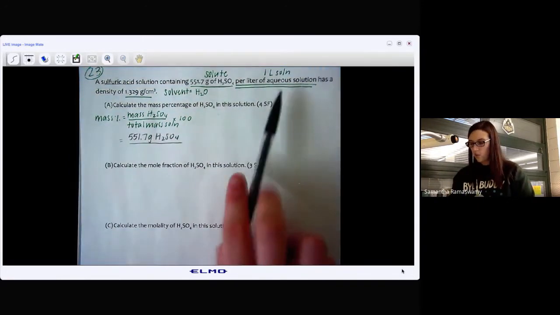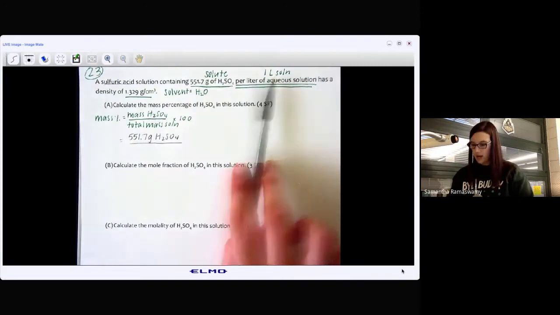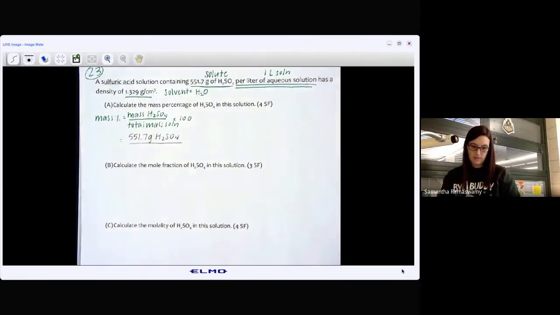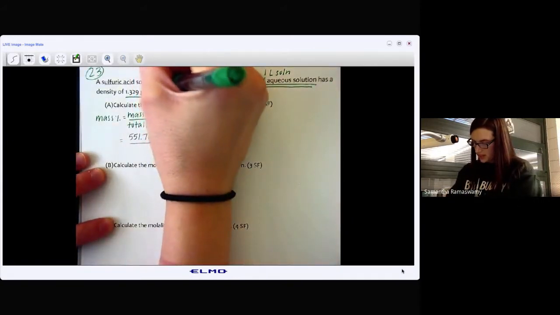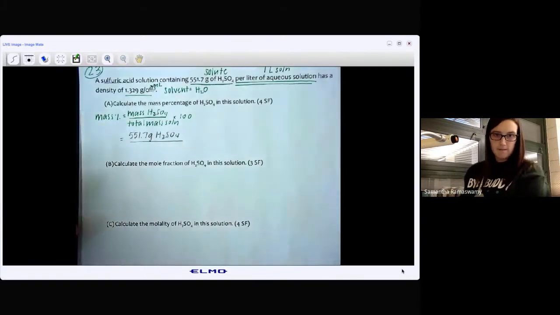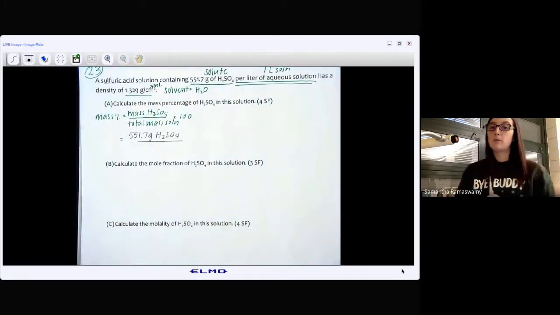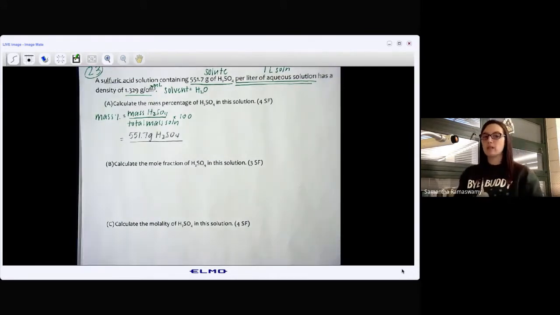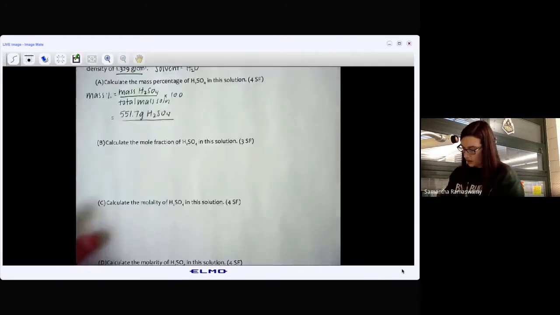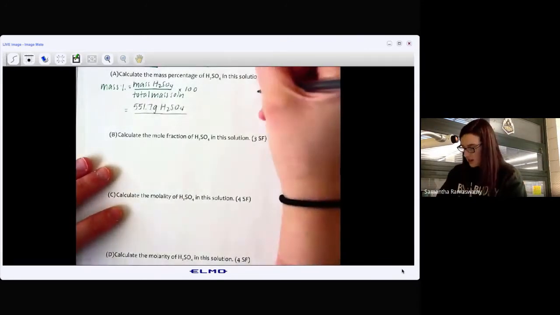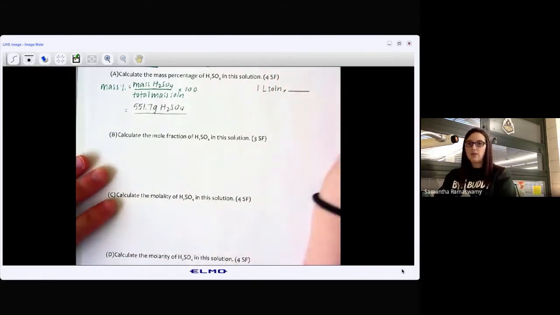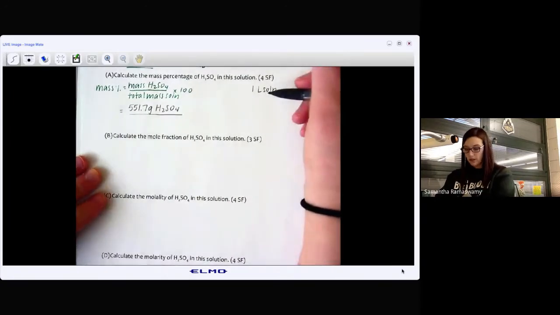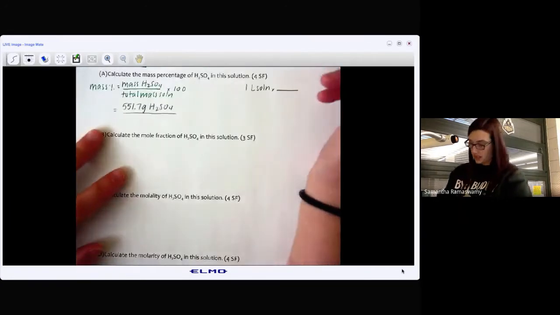Well, I know that we have 1 liter of solution, and I know the density of the solution. Something else to keep in mind, centimeter cubed is the same as milliliter. So grams per centimeter cubed is grams per milliliter. And so over here off to the side, I'm going to take 1 liter of solution, and I need a way to go from volume of solution to mass, and I can use the density.